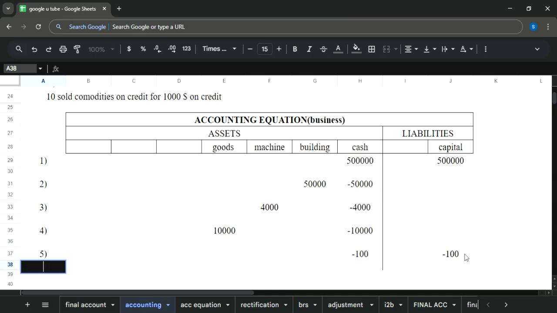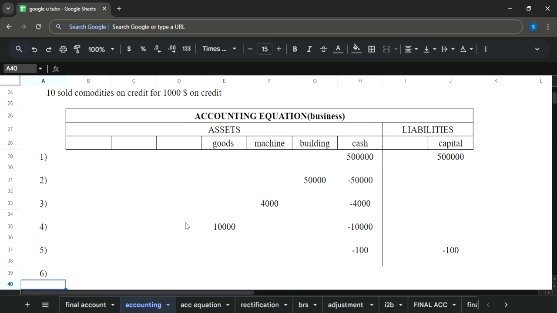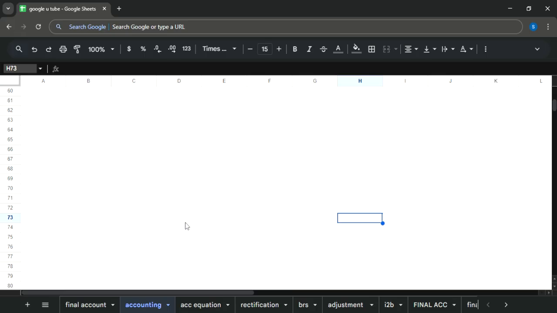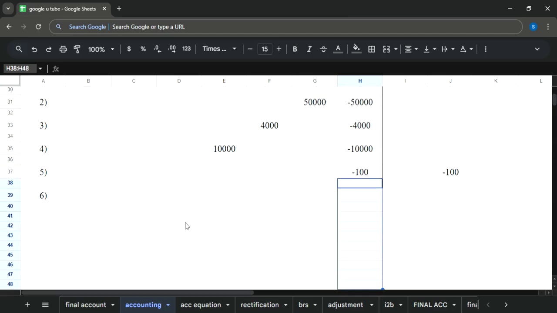Now we will look at the 6th transaction. Okay, now see, the electricity bill is being paid, rupees 20. If the electricity bill is paid, again the same thing we are going to do. Let me put a separator again because we have multiple transactions right now.